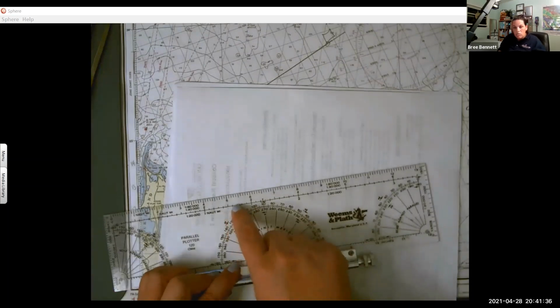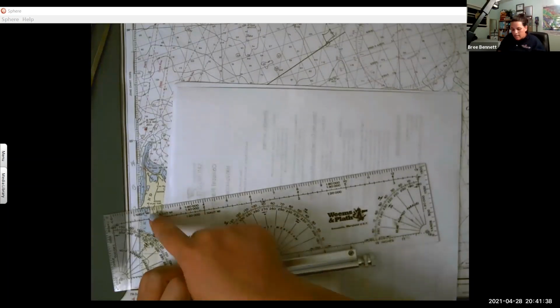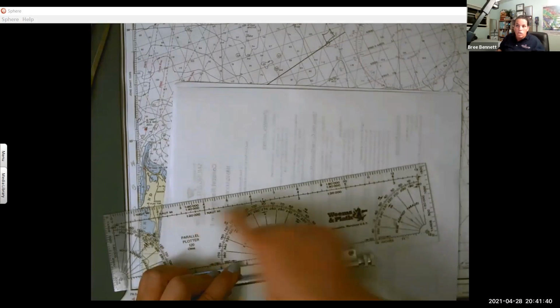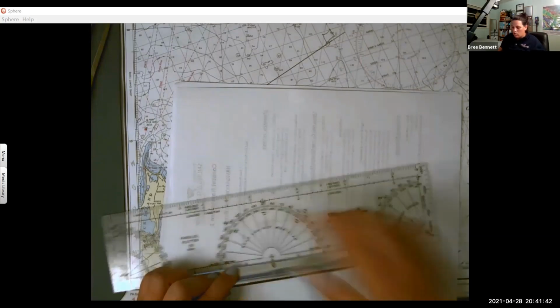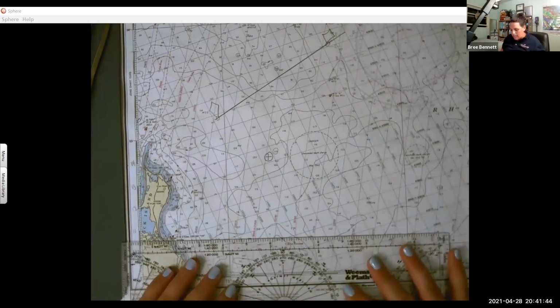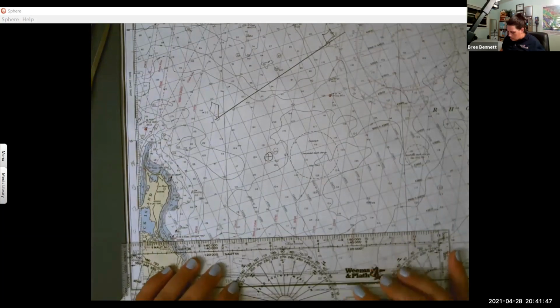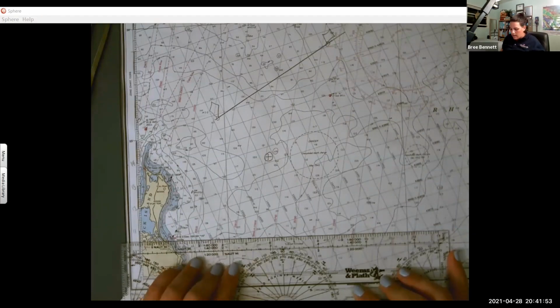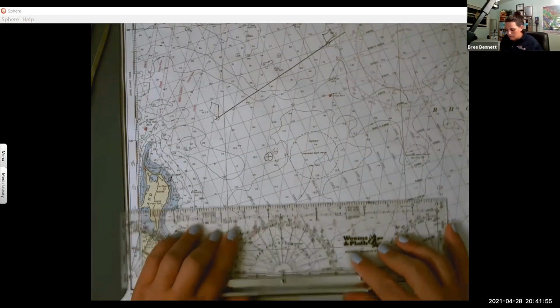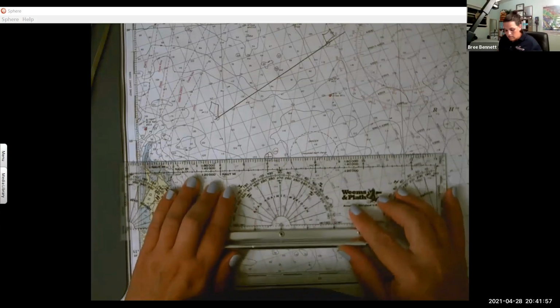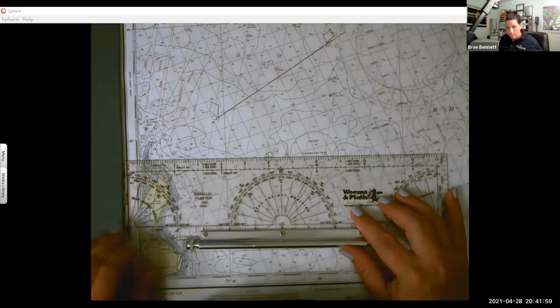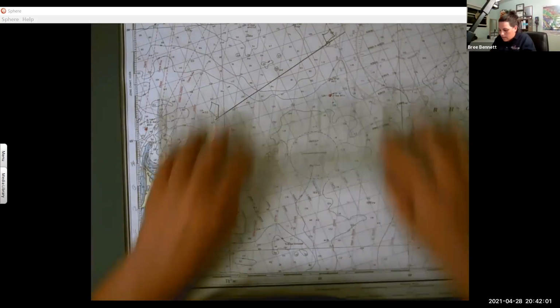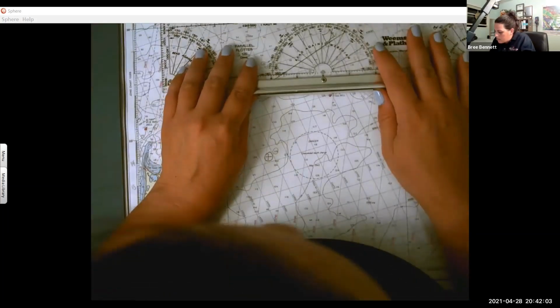So I like to use the black line that's on all of your tools. So I'm going to put that black line on my known latitude line, and then I'm going to parallel it up to, let me do it from this one just so I have it straight.